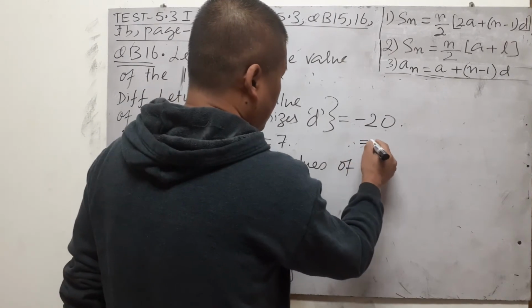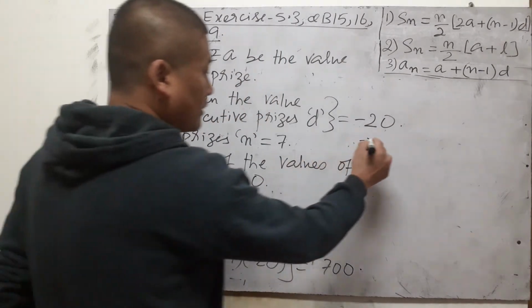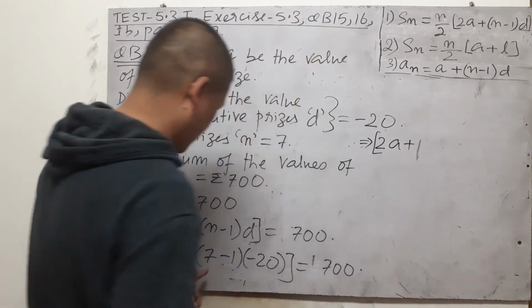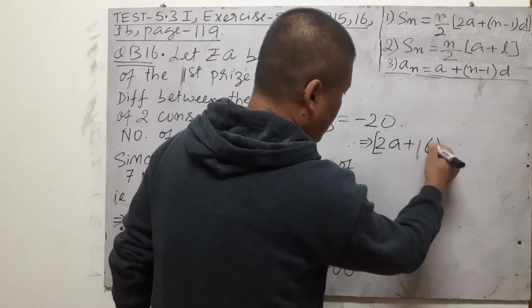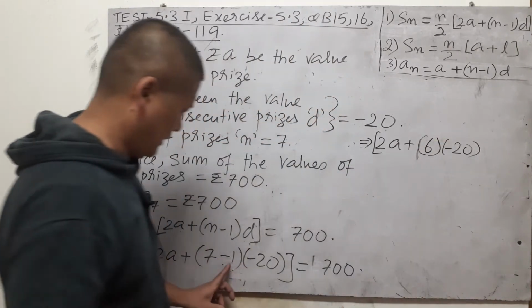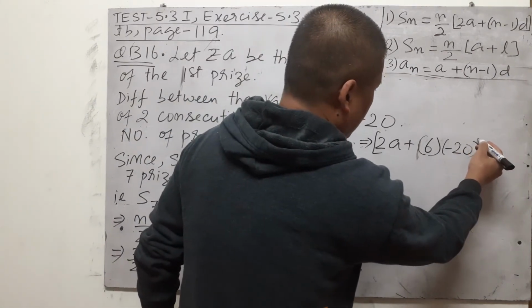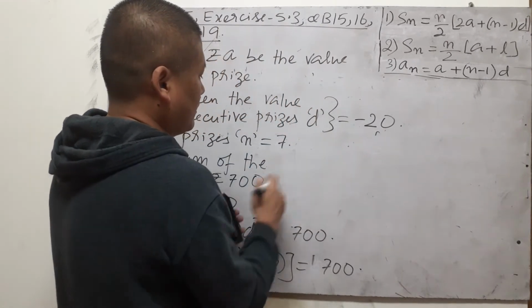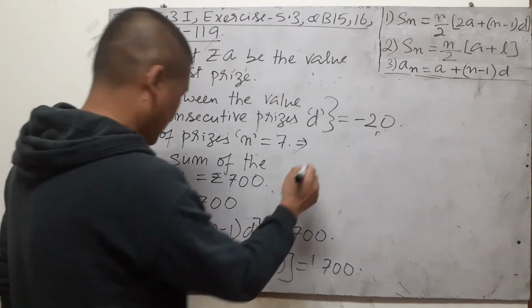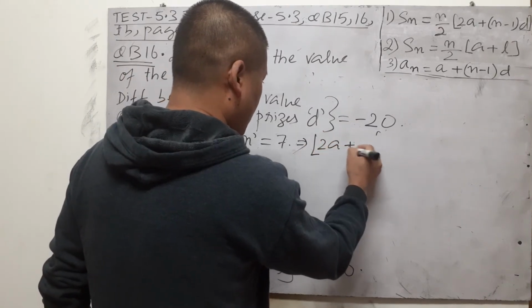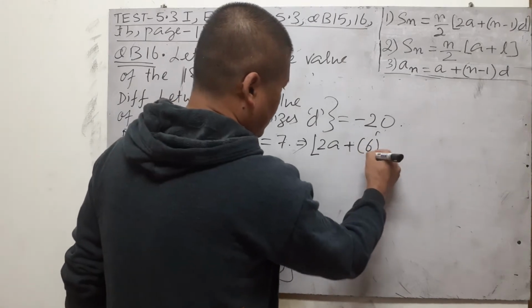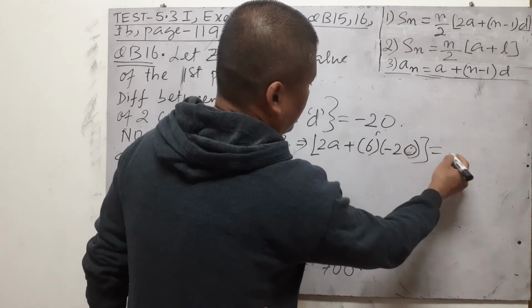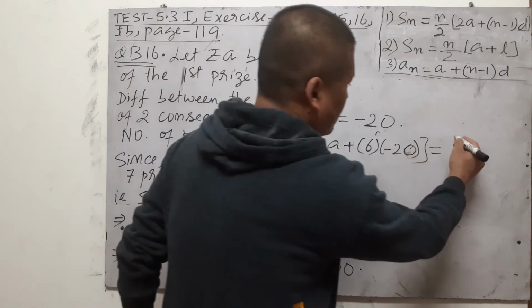So that implies 2a plus 7 minus 1, which is 6, into minus 20, close the bracket, and that will be equal to 700.